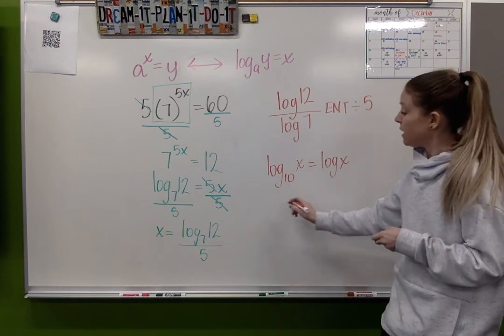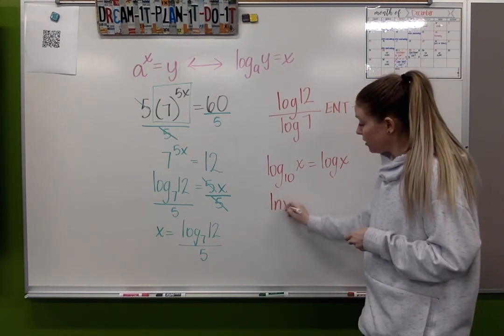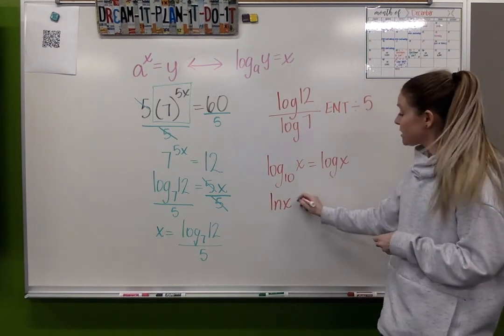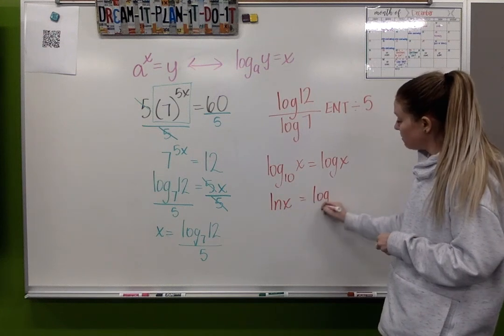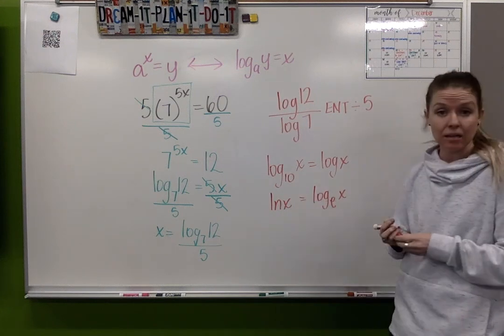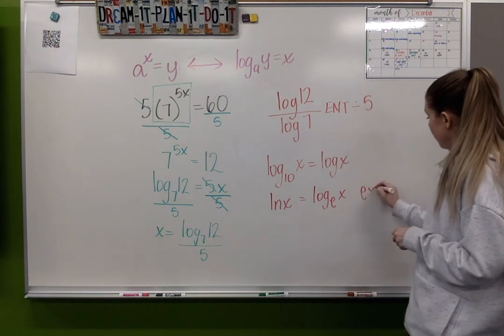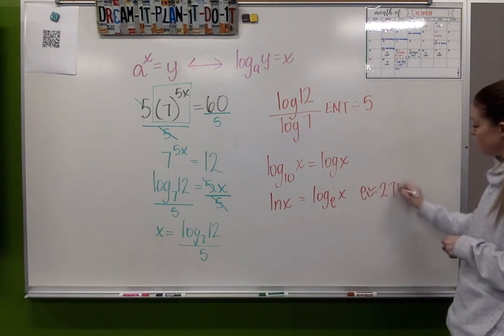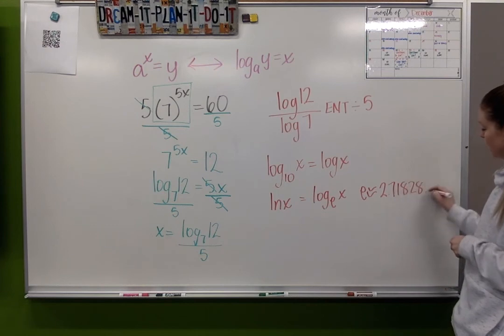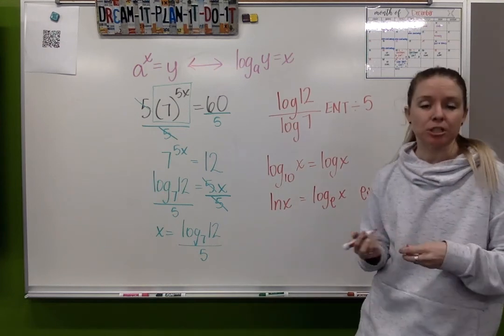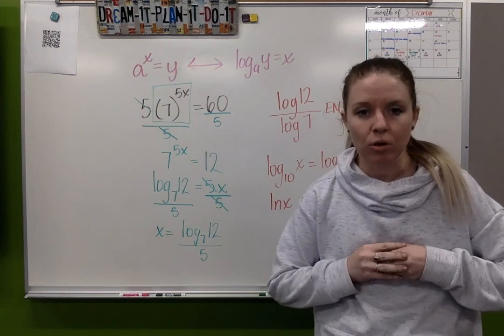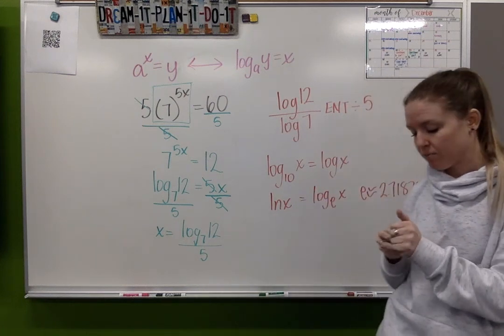Okay? If you see a natural log of x, that's because it's a log with a base e. E is a number. E is about 2.71828, and it goes forever, similar to pi. I'll talk about that more in detail when I am back in class.